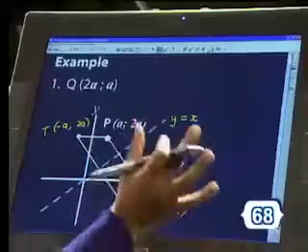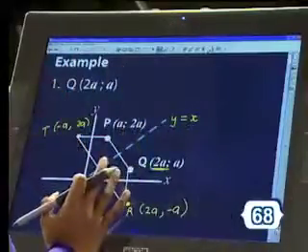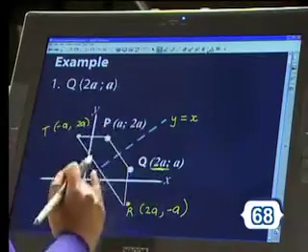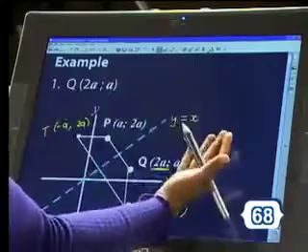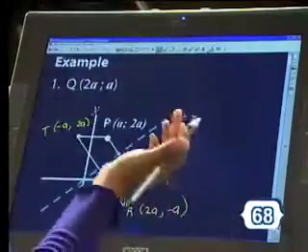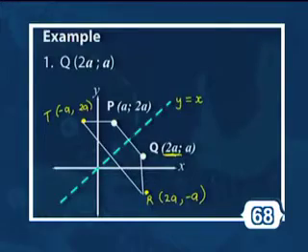Before we do any workings, to me, immediately, it looks like a trapezium, which means we're going to have one pair of opposite sides parallel. But you cannot say that just by looking at the diagram. You have to show some working, and that's very important, guys. If you are going to make a statement that's not apparent, you need to show your working to back it up. So while it looks like a trapezium, we actually have to prove that it is a trapezium.